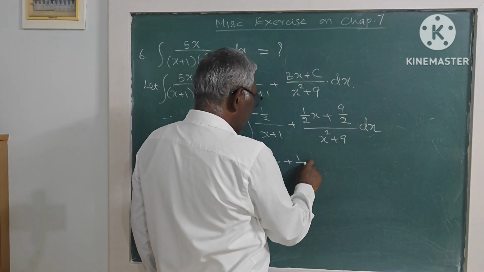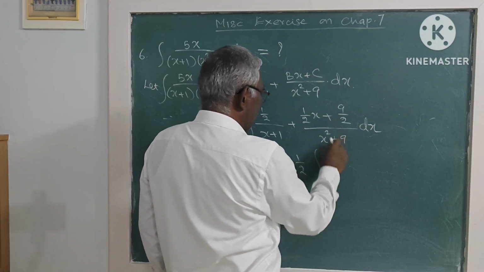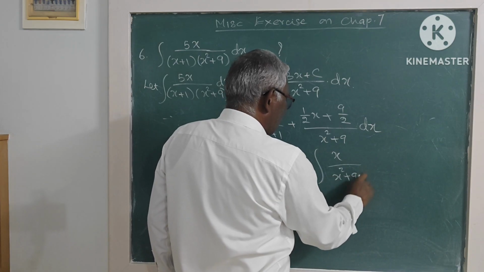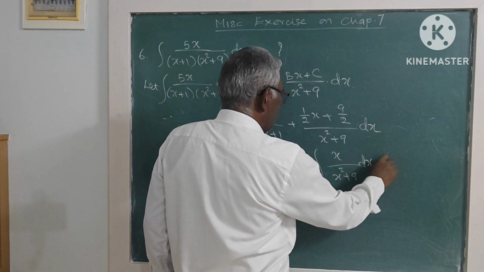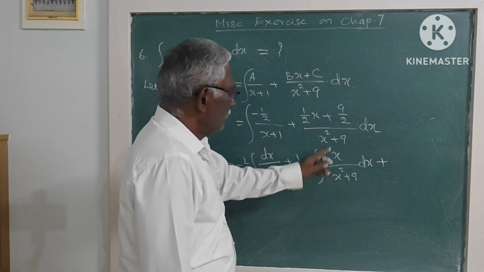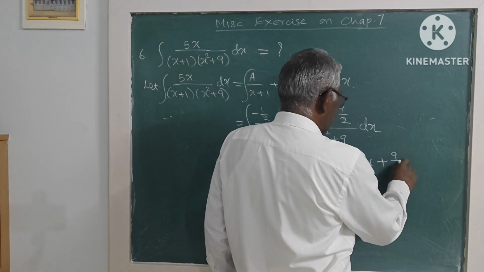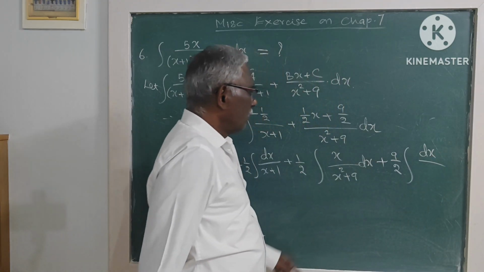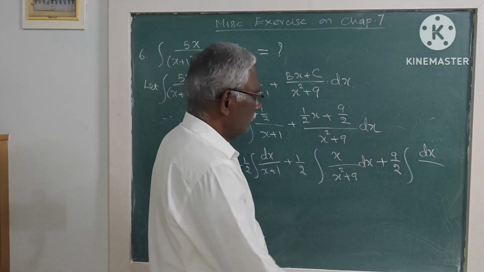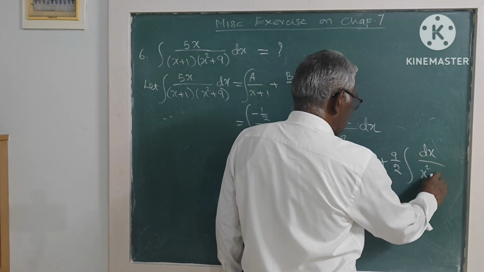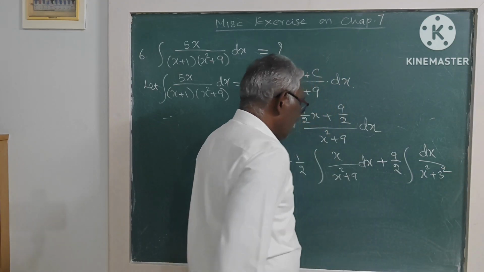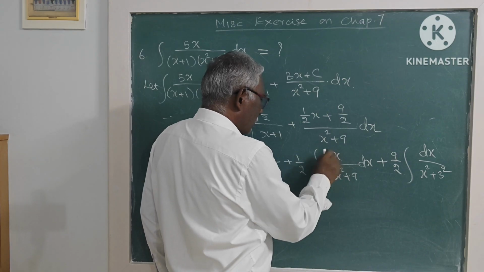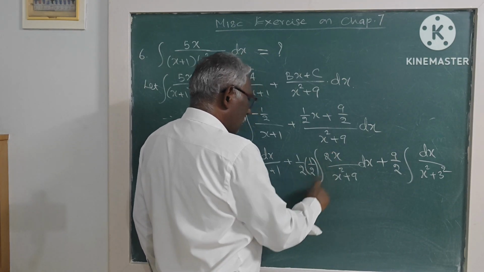So we take half outside, integral x by x square plus 9 dx, then 9 by 2 integral dx by x square plus 3 square. So if we differentiate this, 2x is coming, so I am writing 1 by 2 here and dividing by 2 here again.